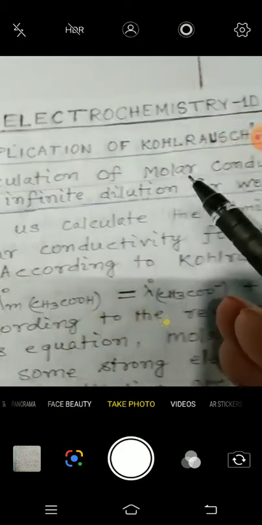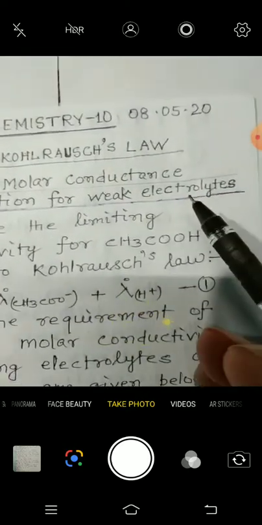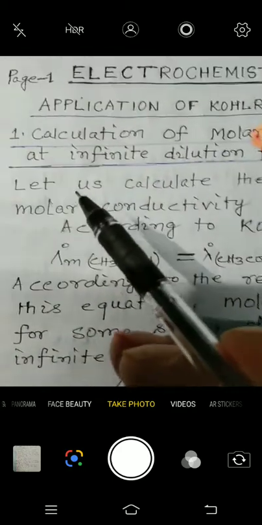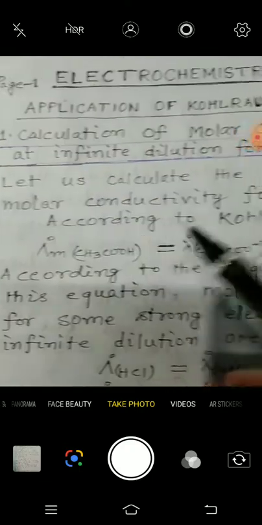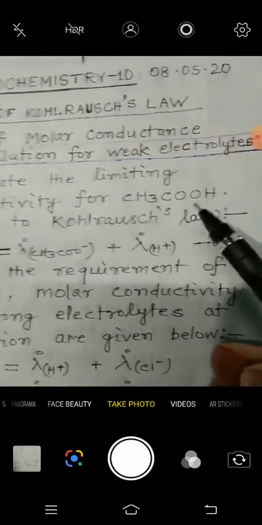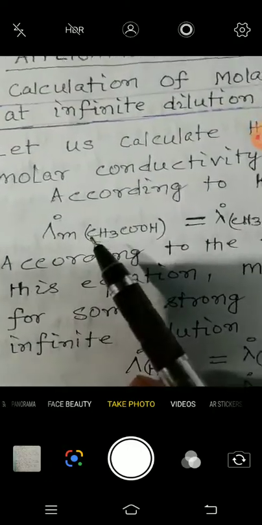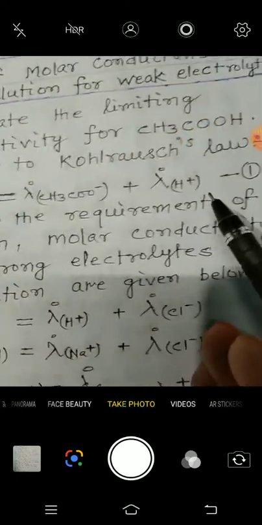First, calculation of molar conductance at infinite dilution for weak electrolytes. I just taught you this. Let us take an example here. Let us calculate the limiting molar conductivity for acetic acid according to Kohlrausch's law. You can write the limiting molar conductivity of acetic acid as equal to this.